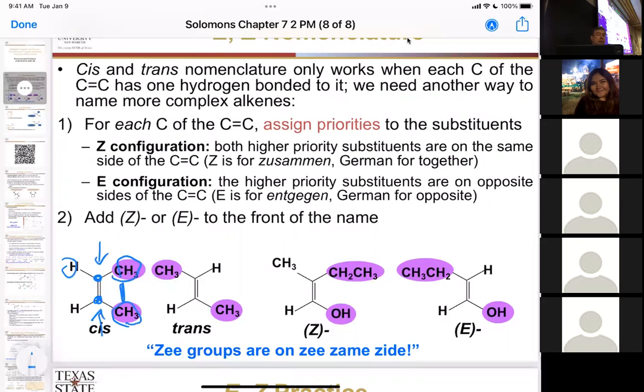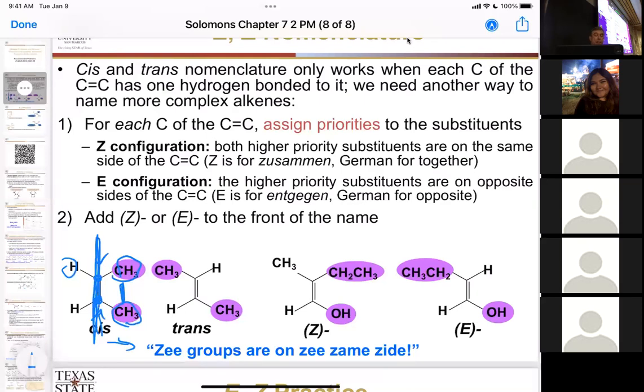Now we look along the axis of the double bond and we see both of these groups are on the same side. That's what made us cis. In this nomenclature, that's going to be Z, zusammen, meaning together. You can remember it because Z groups are on Z same side with Z. So they're on the same side.